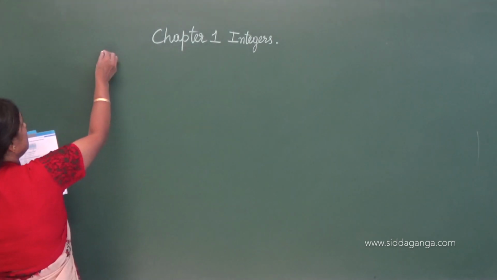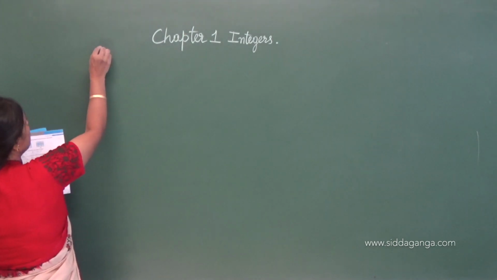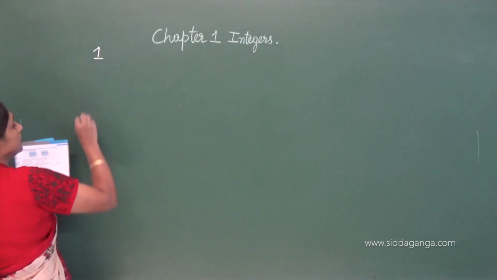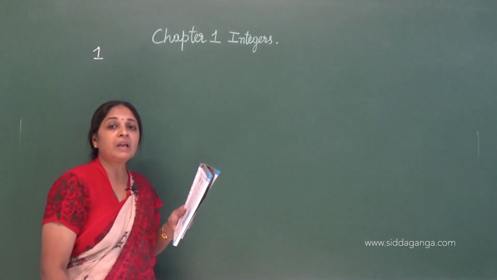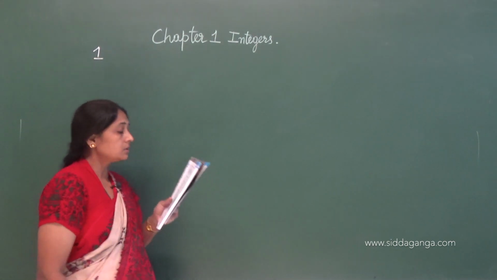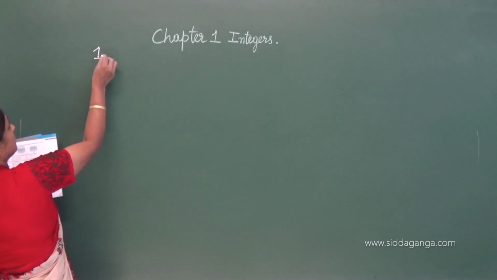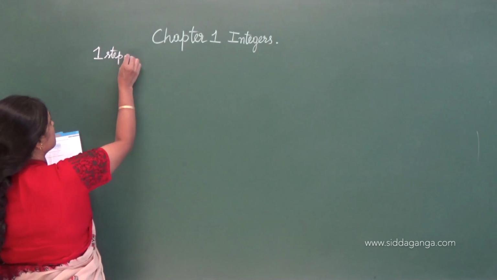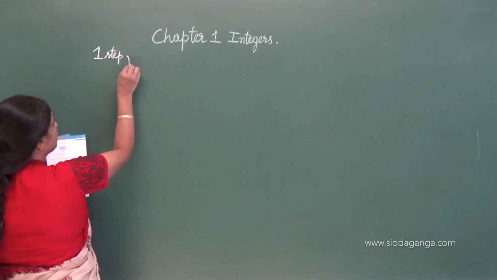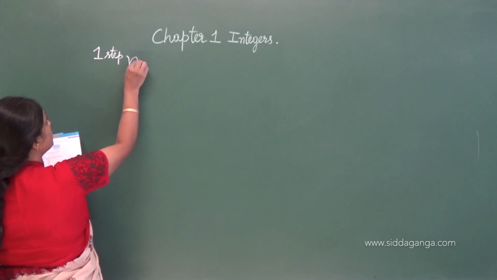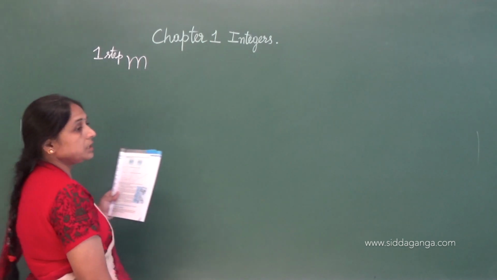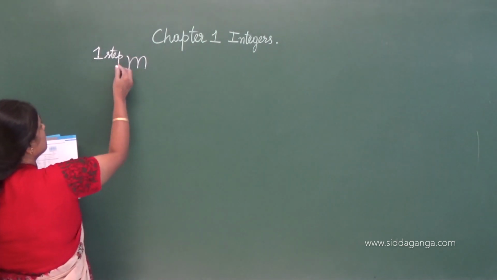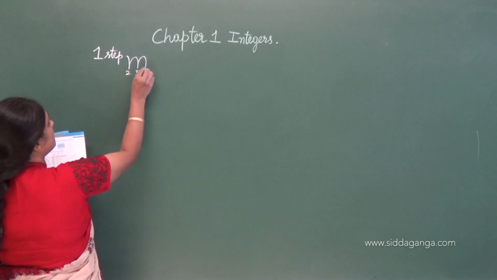Okay, so consider this is the first step. Jumping down we can consider like this. So from 1, 2, 3, it goes 3 steps down. So this is the second one, third one and fourth.